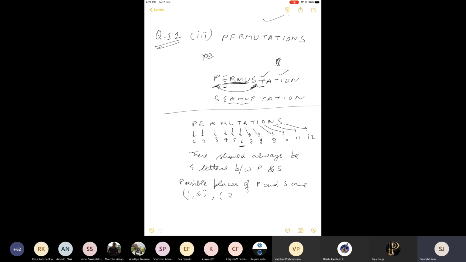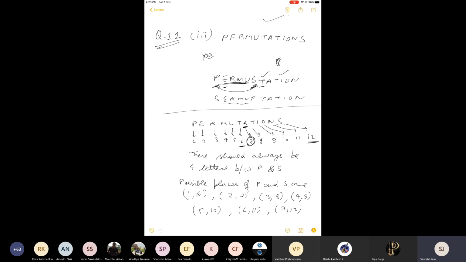P at third, S will come at eighth. P at fourth, it will come at ninth. P at fifth, S will come at 10. Then 6, 11, and finally 7, 12. At the max, P can be here. Why? If P is at the 7th position, S will be at the 12th position, and in that case also there will be four alphabets between them.